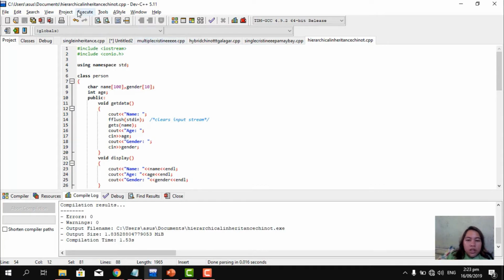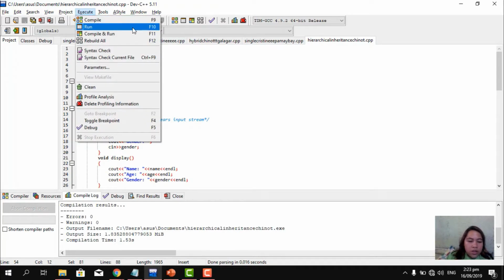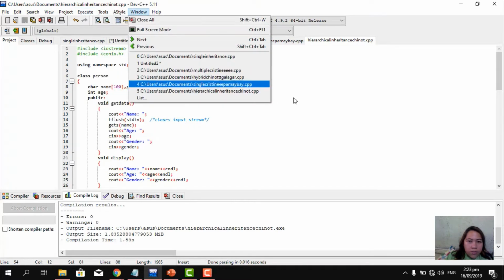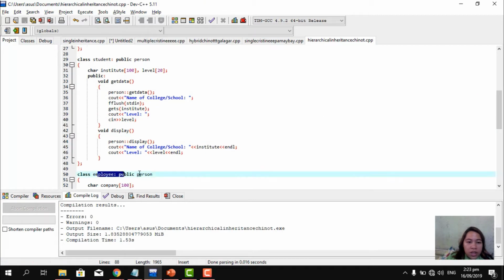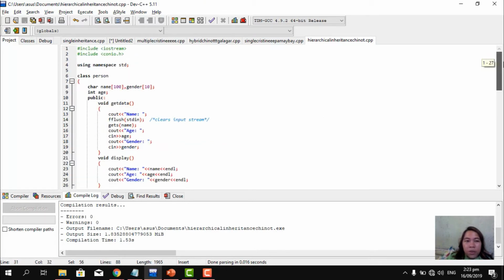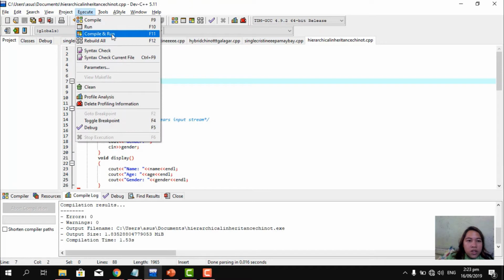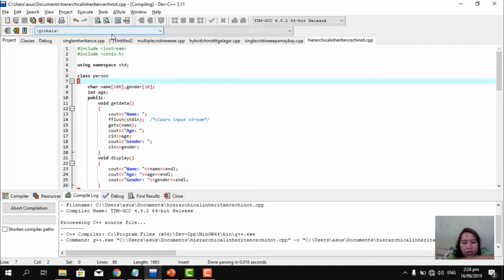So let's execute and compile. This is a program where employee and student inherit from the person. So let's execute, compile and run.